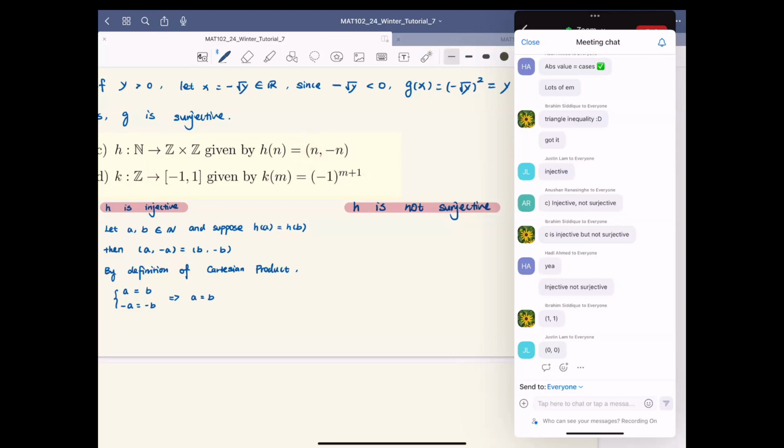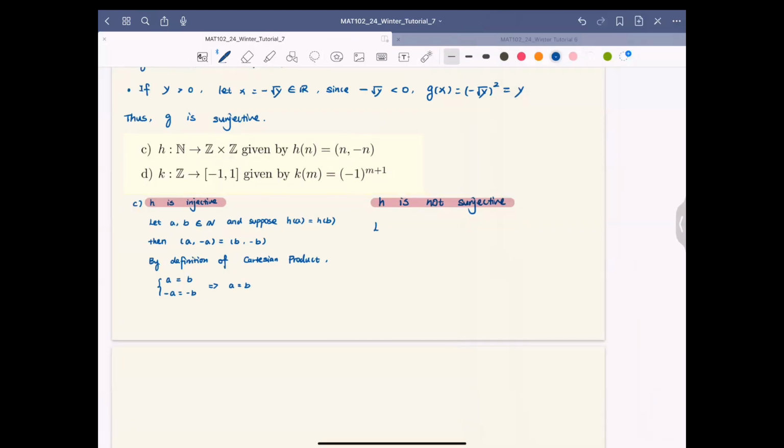So many counterexamples. But if you need to show counterexamples, I want you to write it properly. You cannot just say counterexample (1, 1), or consider (0, 0). This is in integer Cartesian product integer.